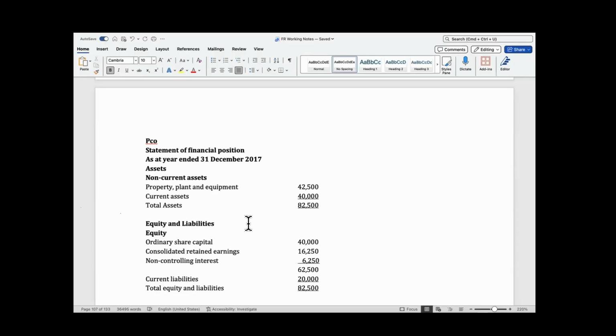NCI is not a liability. So it's either we put it as liability or equity. If you put it as liability, it means we are saying we owe him that amount, but it's not like we owe him. He's a part owner of ESCO, which is why it's coming as equity in the group. Good question.